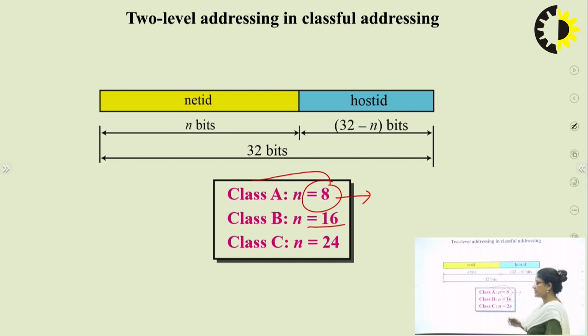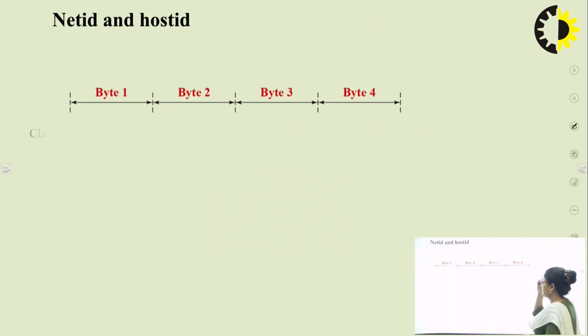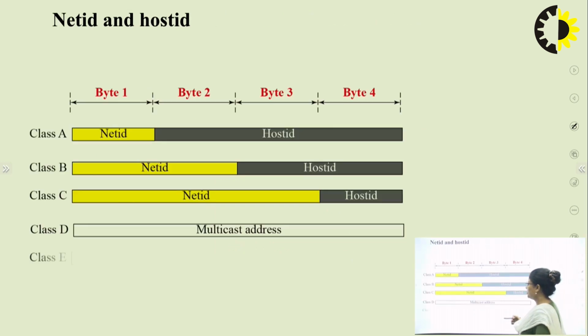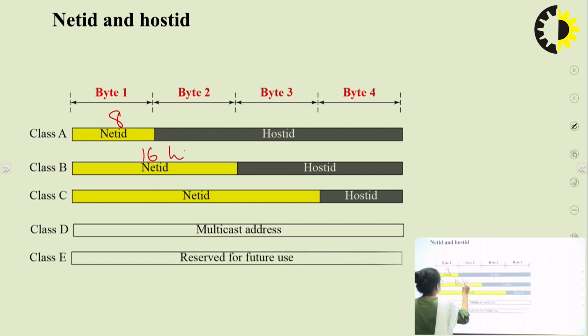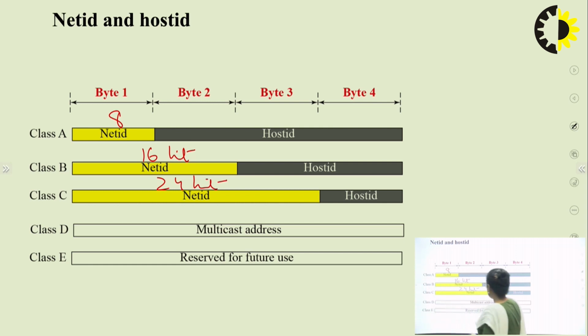In class B, 16 bits for the net ID, so out of 32 we are left with 16 more, 16 bits for the host. And class C, 24 bits for the net ID. If you look at the figure, this will be clearer: 8 bits for class A, 16 bits for class B, and 24 bits for class C. And class D and E are reserved for special meaning.